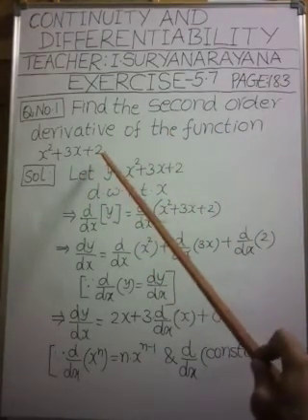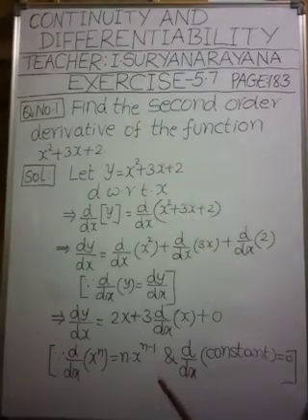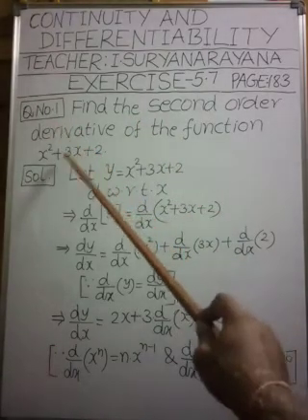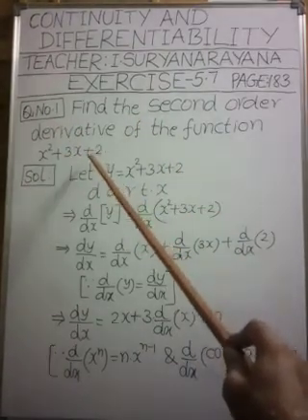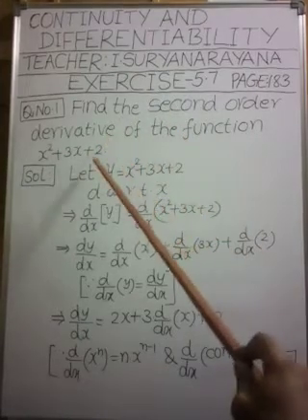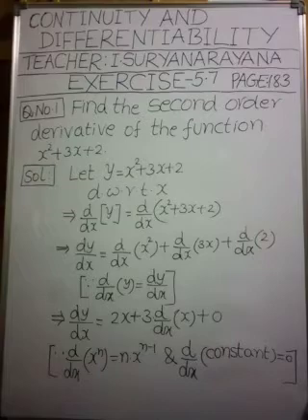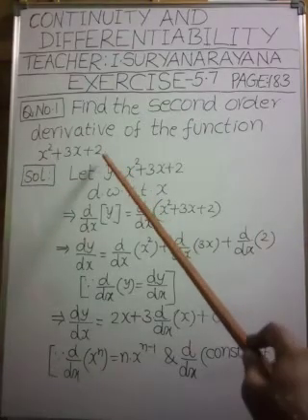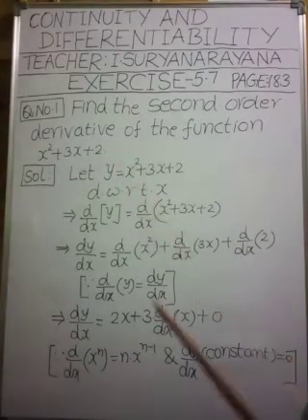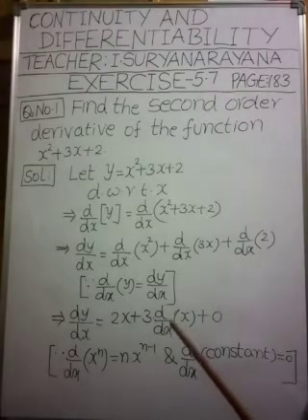Understood the question, my dear children? Yes. This is the given function. We have to find the second order derivative of this function. It means we have to differentiate this function 2 times with respect to x. Okay, my dear children? Right.